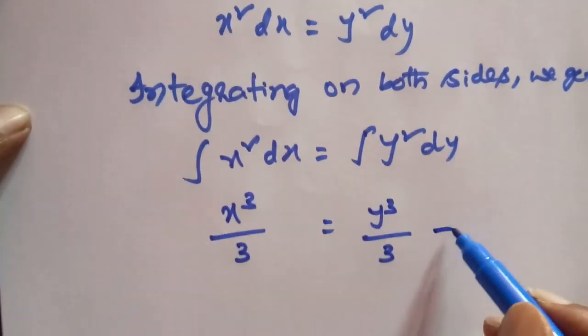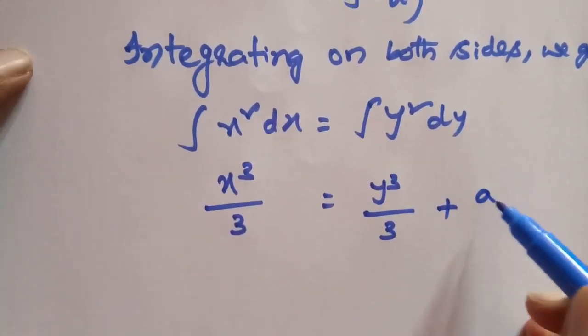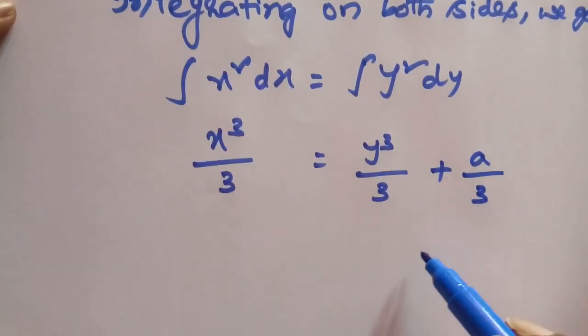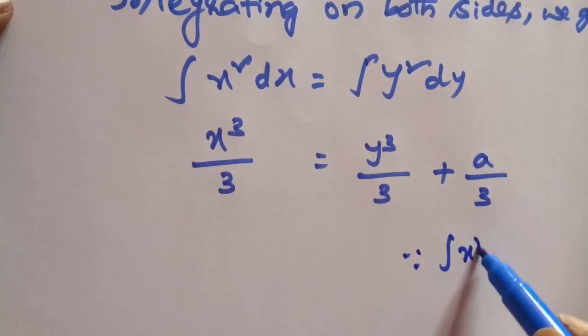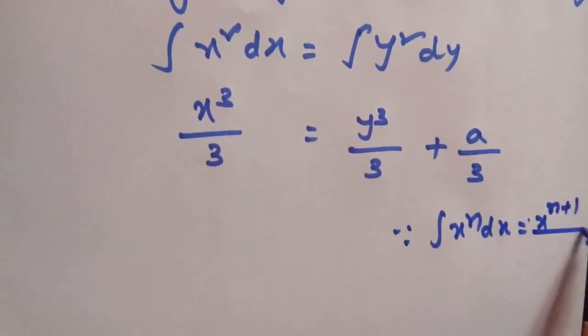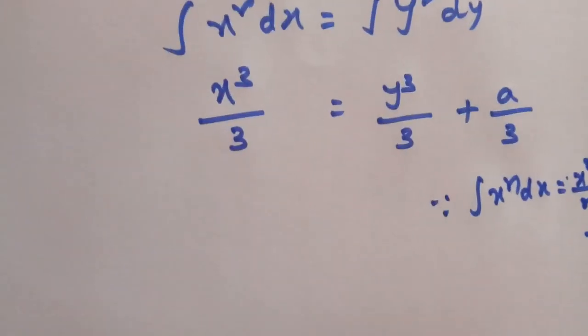For our convenience, we add a by 3. Therefore, we used here the formula integration of x power n dx is equal to x power n plus 1 by n plus 1 plus constant of integration.